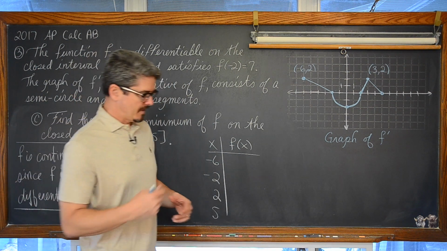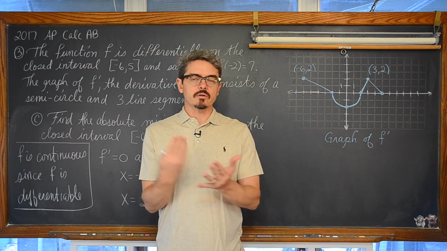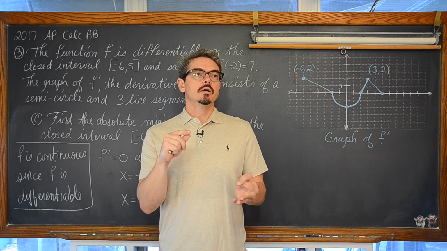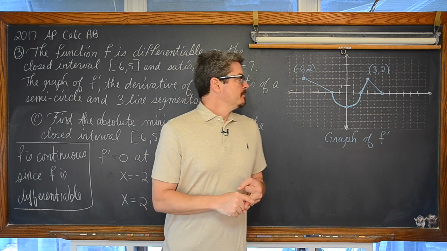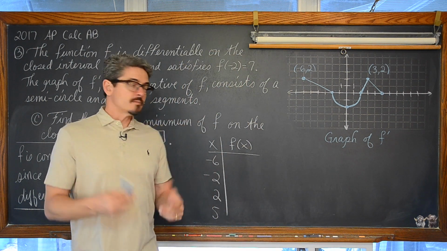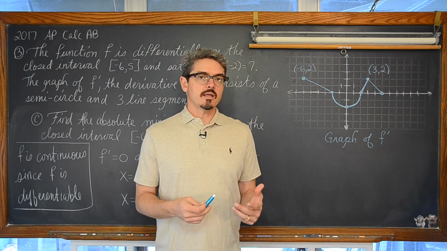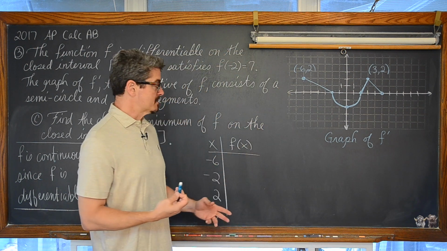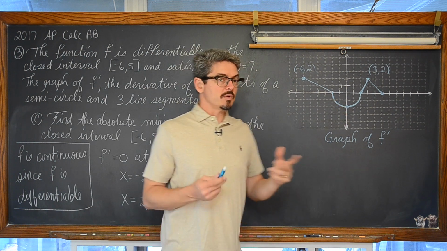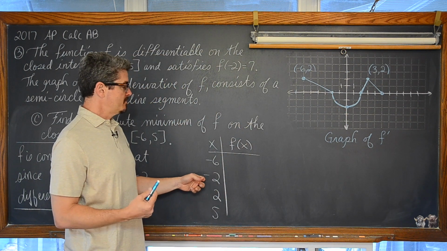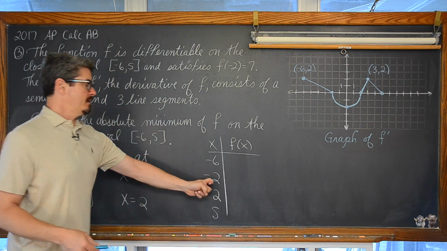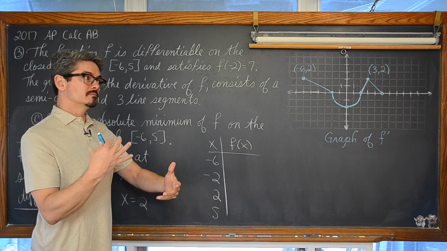Now here's another thing. If you go to that AP Central website and you look at all the PDFs of old exam questions and their scoring guidelines or marking schemes, there are some years where they test the function's value at every critical value, and there's some years where they just say, hey, we're only going to test where it makes sense. In other words, here my first derivative is changing from positive to negative, so there really is no way for there to be an absolute minimum when this is a location of a relative maximum.